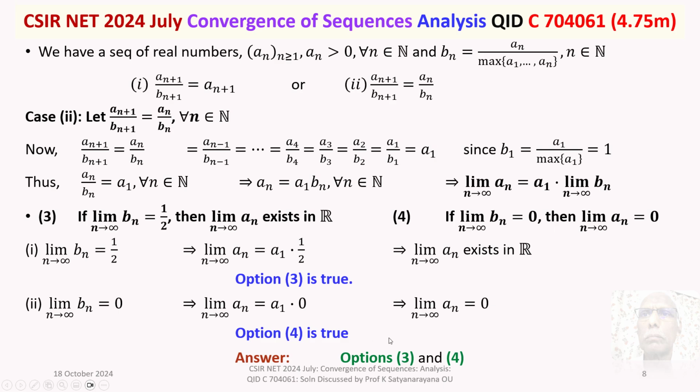Now, options 1 and 2 can be thrown out by taking a_n equal to n, n belongs to N. And these considerations we have discussed here are very special cases of considering the sequences. Anyway, I am sure that you have understood the solution of this problem.